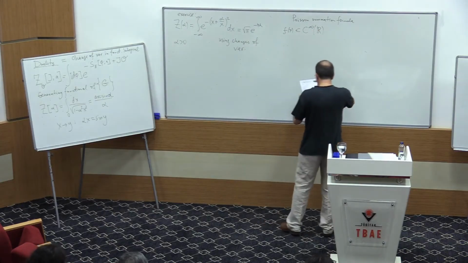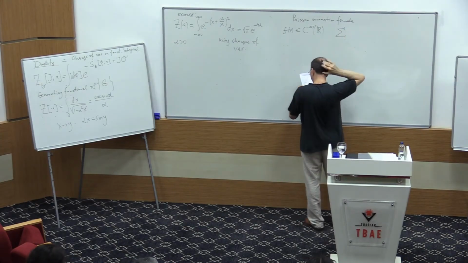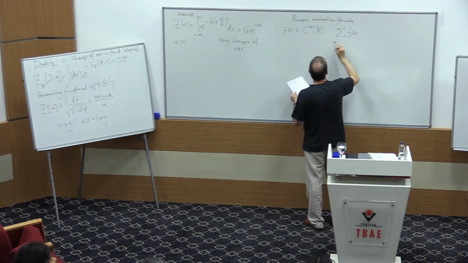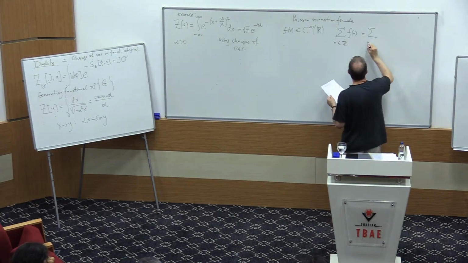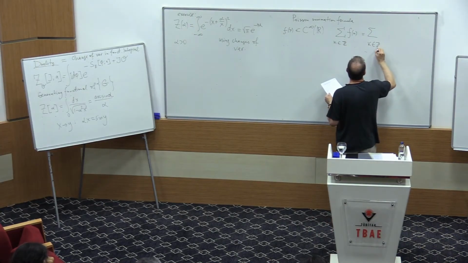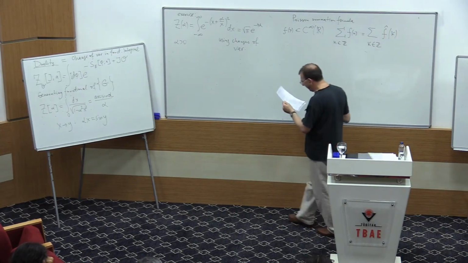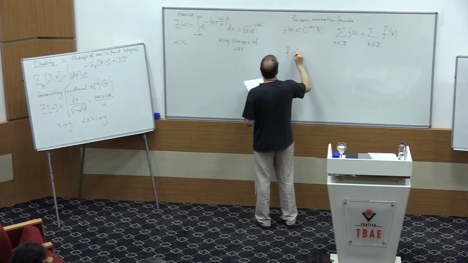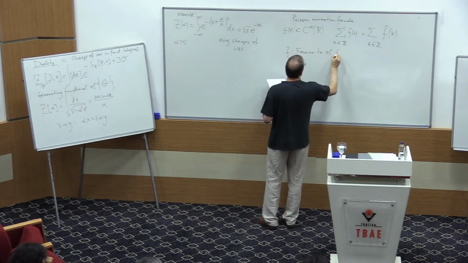Then there is this wonderful formula which tells you that if I take the sum of the values of this function at integer values of x, so n belongs to Z, it is exactly the same as the sum over k, which also belongs to Z, of f hat of k, where f hat is the Fourier transform of f.